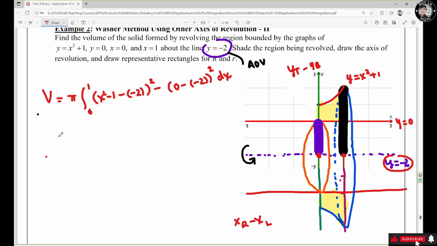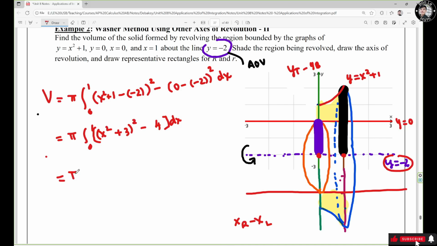Now I'm going to simplify this one. It turns out to be pi times the integral from 0 to 1 of s squared plus 3 altogether squared minus 4 ds. Now I'm going to use the perfect square formula to expand this one.